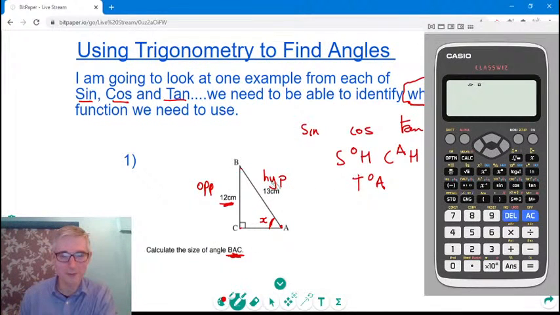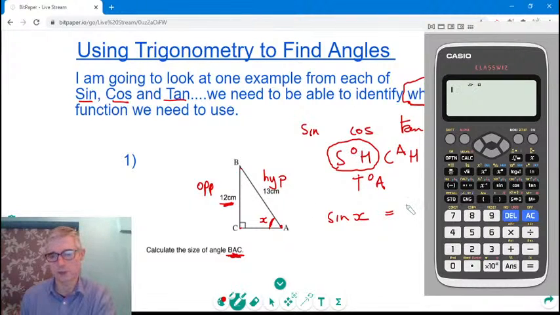So we've got the hypotenuse and the opposite. That tells me I'm going to choose sine, because that includes the opposite and the hypotenuse. If I want to find what x is, I can say sine x is equal to the opposite, and you can see why I've written the O a little bit raised there, because that tells me that's the top of the fraction, the opposite over the hypotenuse.